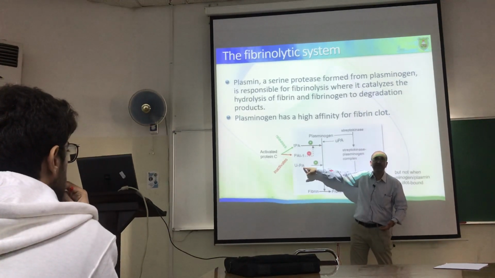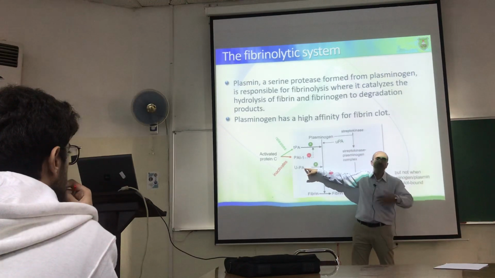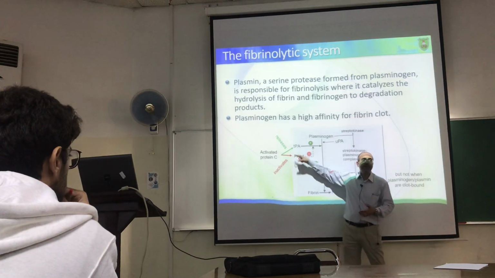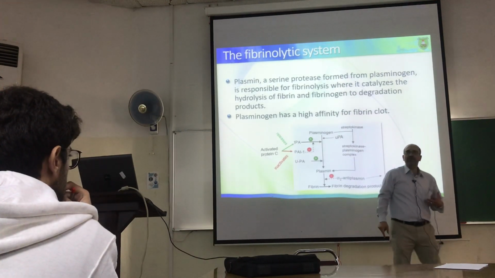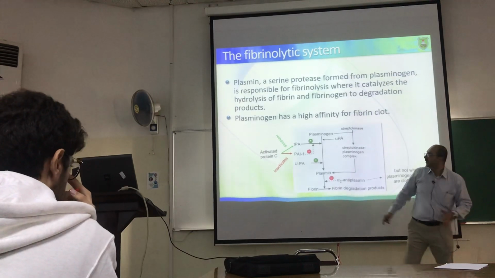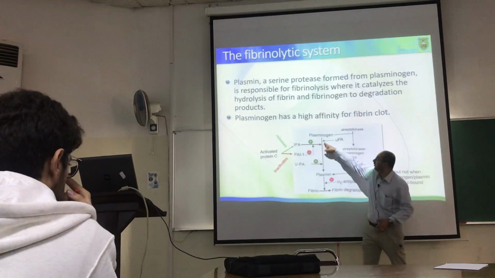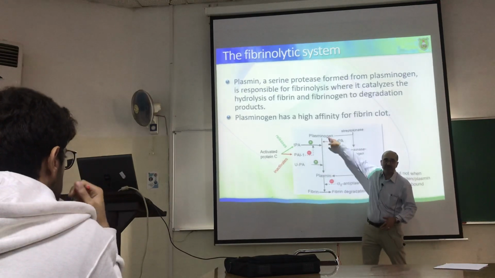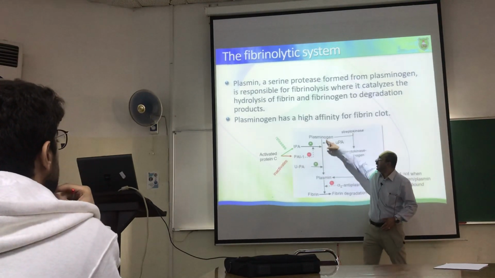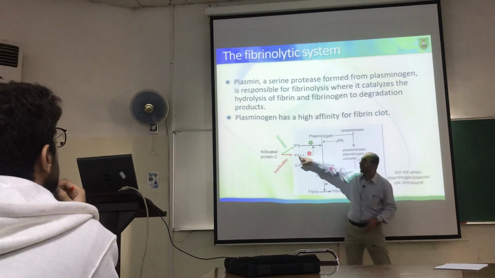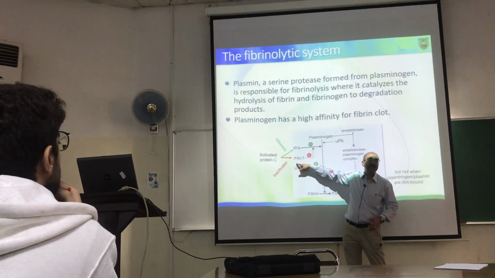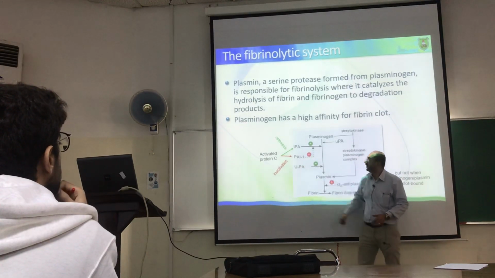Urokinase plasminogen activator is synthesized by many cells. The TPA is mainly produced by endothelial cells. So these are activators of plasmin from plasminogen. This process is also inhibited by plasminogen activator inhibitor as well.